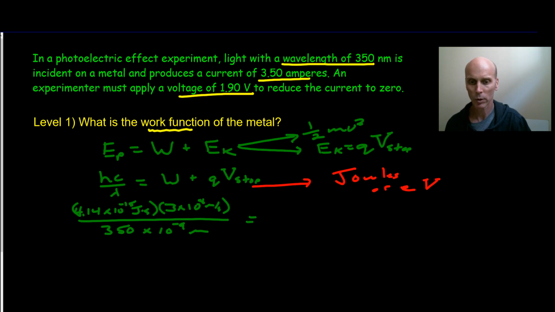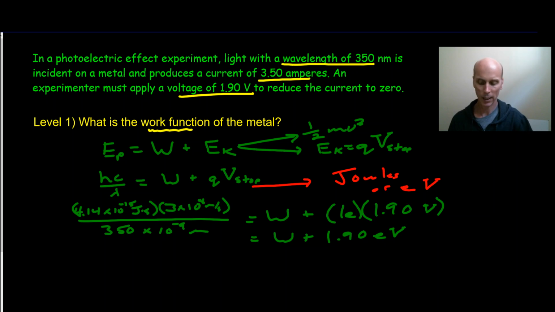That should be equal to the work function, first of all, plus q times the stopping voltage. Now, because I'm working in electron volts, my charge is just going to be the charge of 1 electron multiplied by 1.90 volts. So you can start to see how this gets a little easier to wrap your brain around. We'll have W plus, on this side, 1.90 electron volts worth of energy.